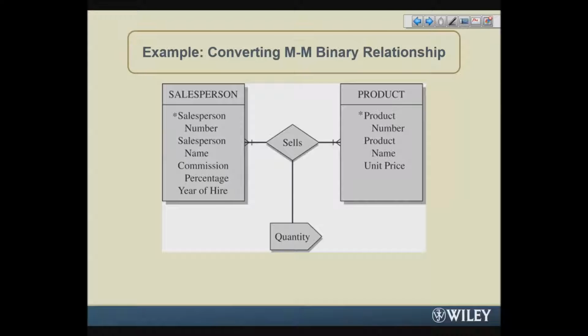That associated entity will contain a composite primary key. Composite, from its name, means it's composed of two or more parts. In this case, one part will be the primary key from this table, and the other part will be the primary key from this table, together in this associated entity.